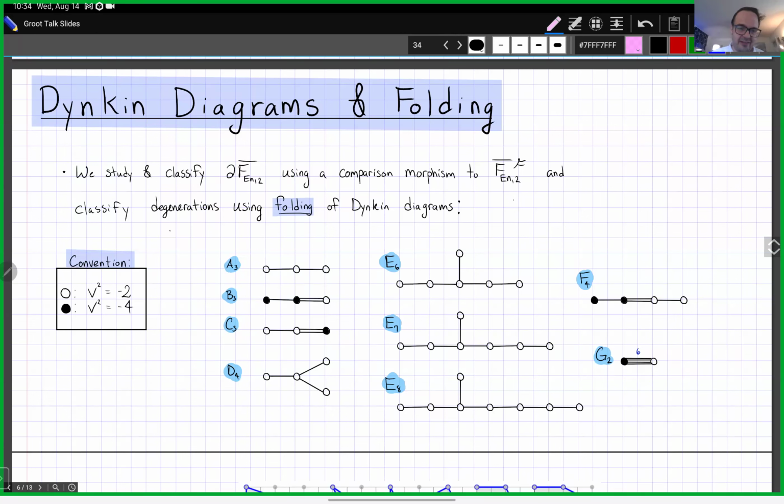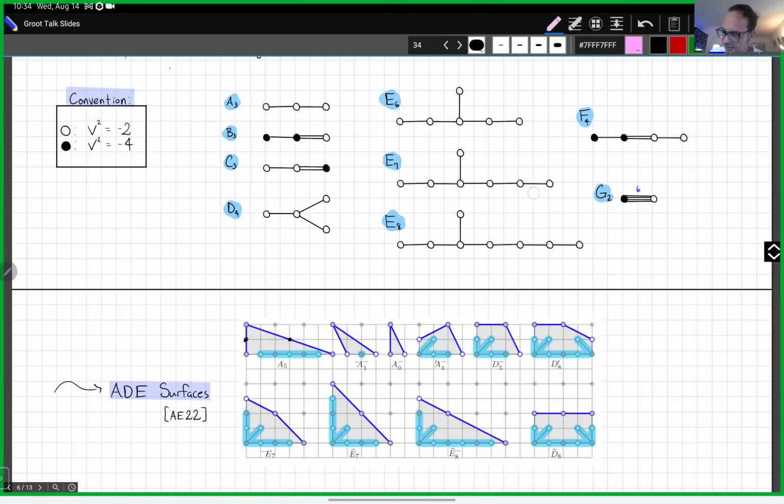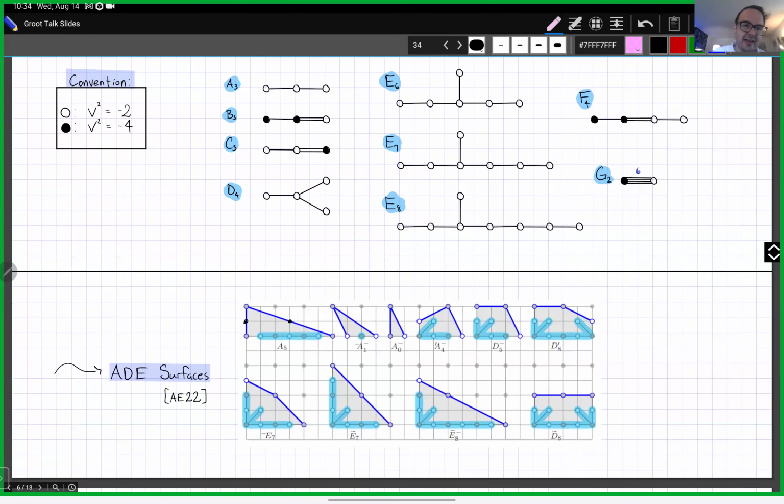So these classify semi-simple complex Lie algebras. And the theory that we use is that to every such Dynkin diagram, you can associate a toric variety. So this is a theory of ADE surfaces, which is used in Alexeev-Engel-22, and goes back to some work by Alexeev and Allcock-Thompson a few years ago.